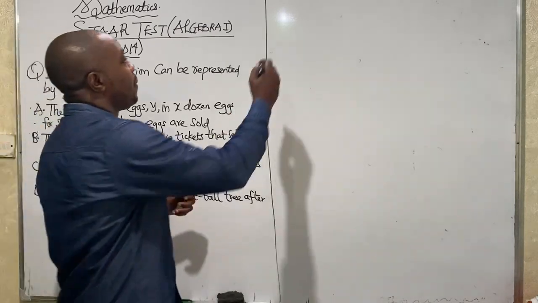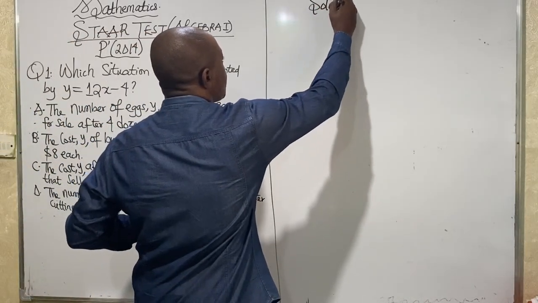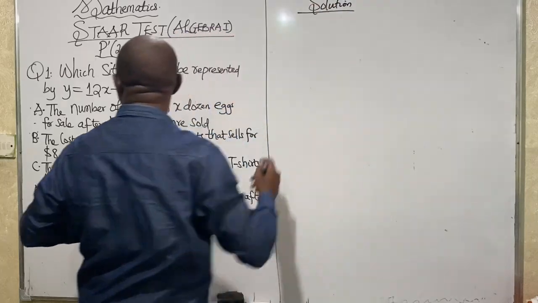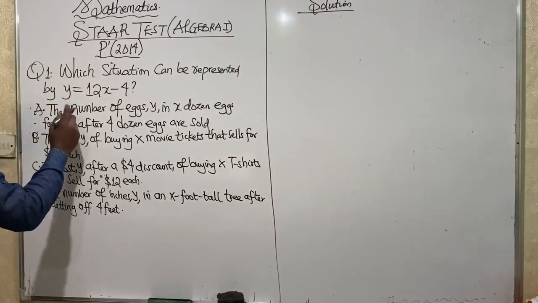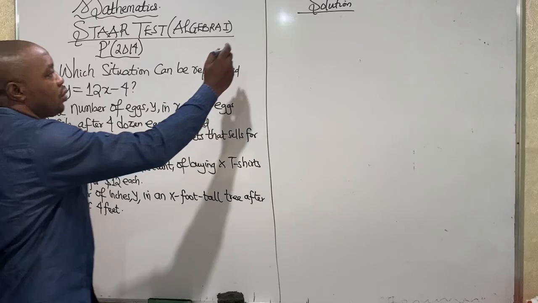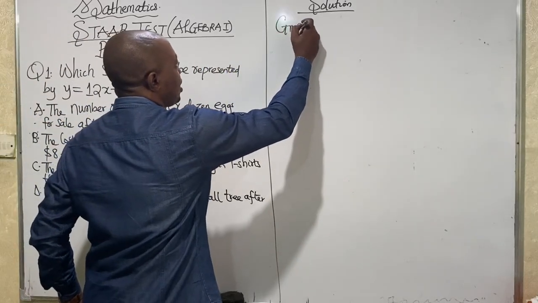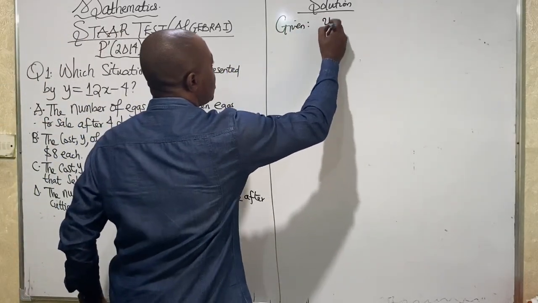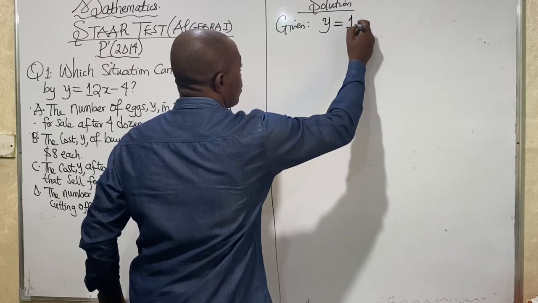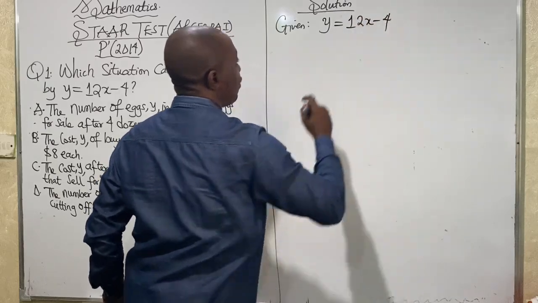So in this case, we can see the equation we are given: y equals 12x minus 4.